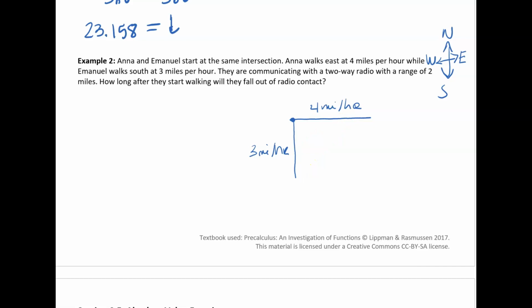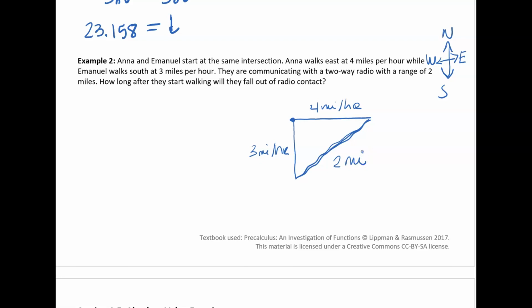As we're creating our triangle, we don't want to get the two children so far apart that they lose radio contact. The farthest they can be is 2 miles. So we've got to figure out what's going on here.